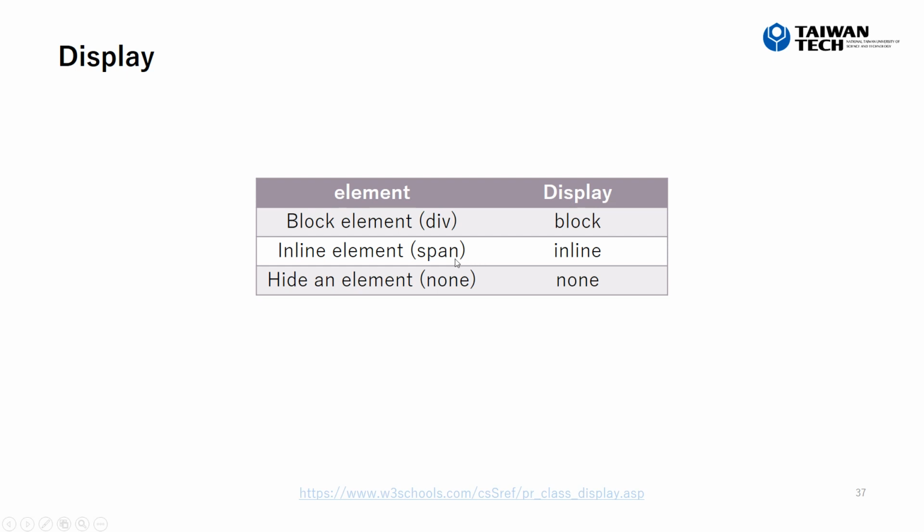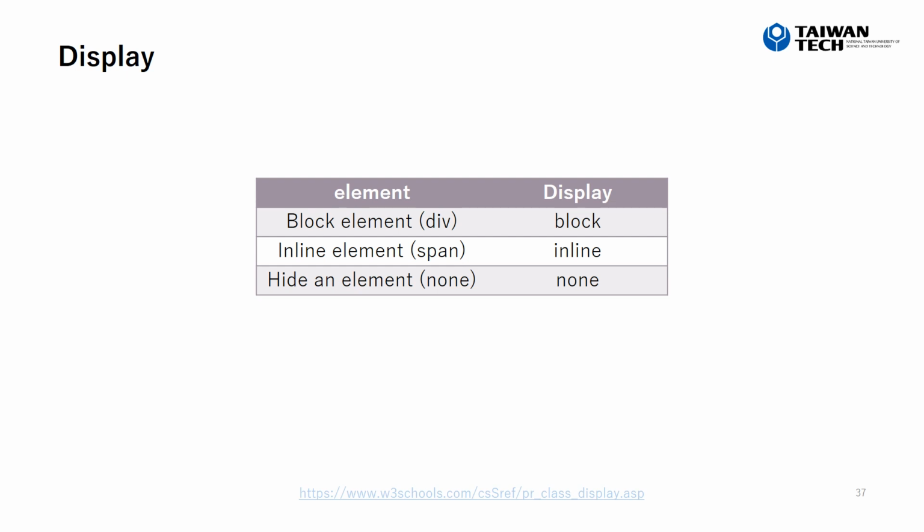If you use span, its initial state is display inline. And if you want to hide an element, you use none. I want to ask: when will we use display as none?